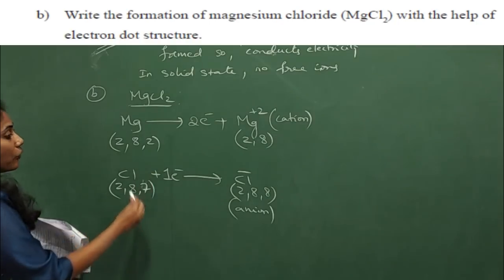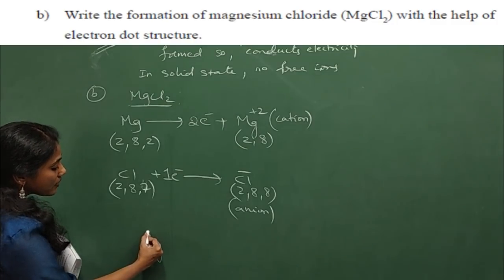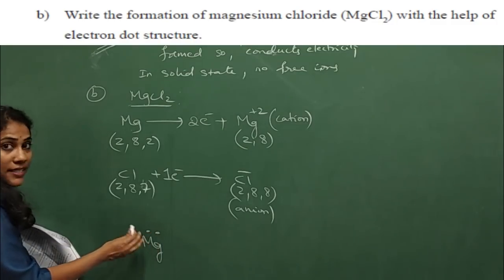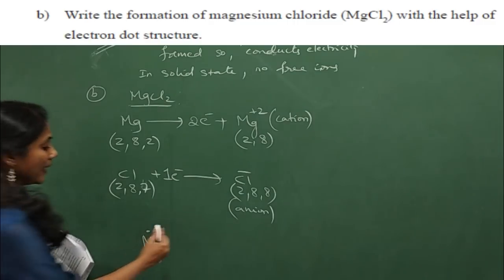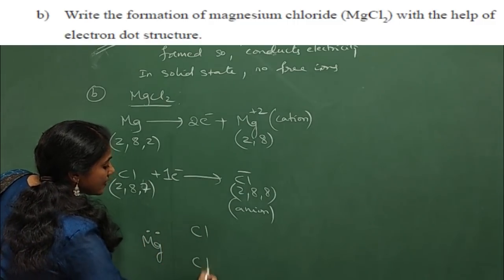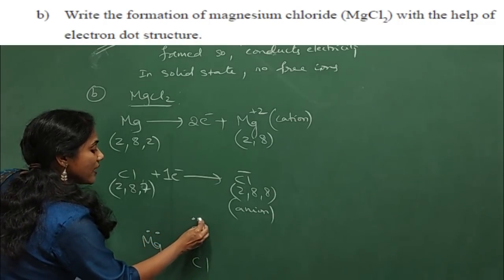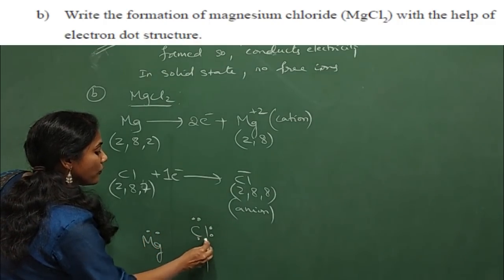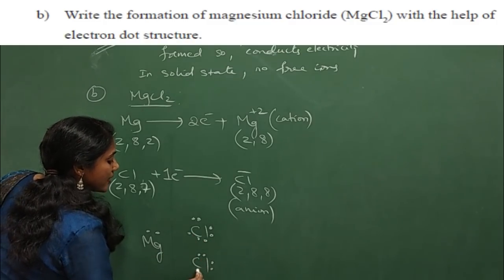So now how do you show it? Mg which was having 2 electrons in its outermost shell. This is like a dot structure for Mg, and 2 Cls which were having 7 electrons around. So you will show 7 dots, right? 1, 2, 3, 4, 5, 6, 7. And this chlorine also has 7 electrons in its valence shell.